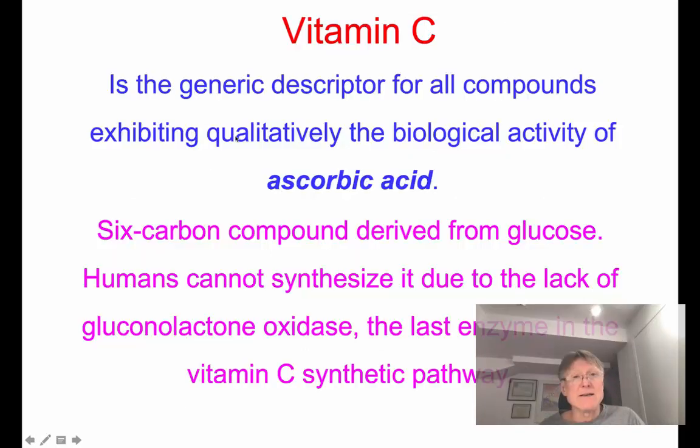So vitamin C is the generic descriptor for all compounds that exhibit a qualitative biological activity of ascorbic acid. Basically, when we talk about vitamin C, it is ascorbic acid. It's a molecule that contains 6 carbons and derives from glucose. Actually, you're going to see that there is quite a bit of similarity between vitamin C and glucose.